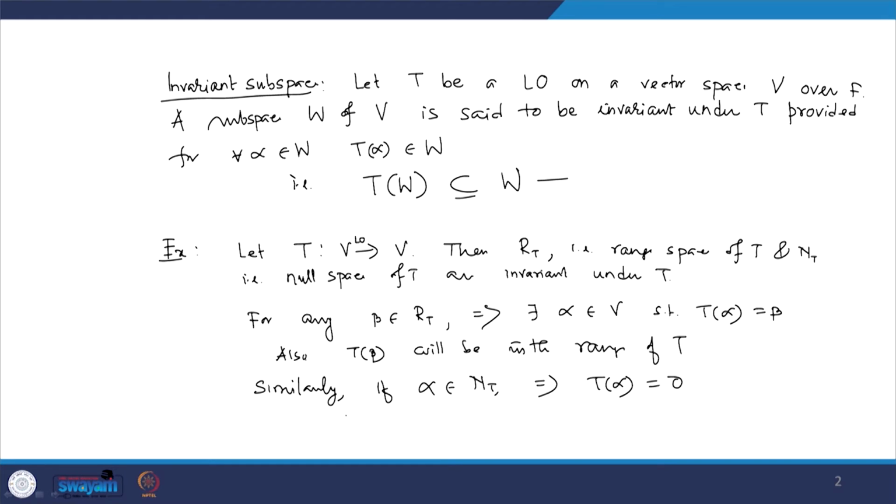So, this implies T of alpha belongs to NT, since NT is also a subspace of vector space V. So, by default we see that range space as well as null space of the operator are invariant under T. Let me take other examples.